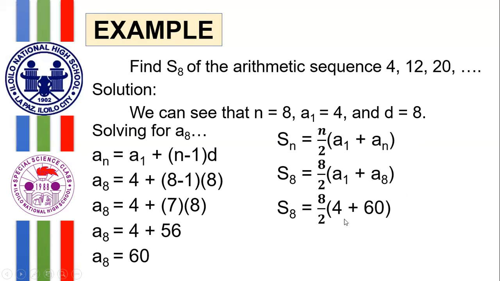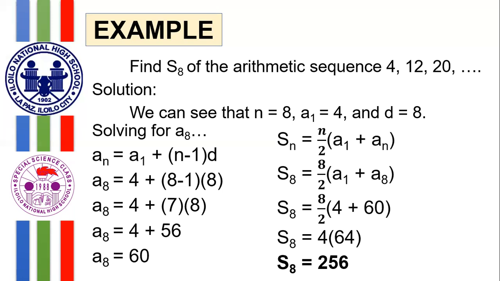So what's inside the parentheses simplifies to 64. 8 over 2 is 4. And multiplying 4 and 64 still gives us 256. So you see, whatever version of the formula you use, if your process is correct, then you can still arrive at the same correct answer.